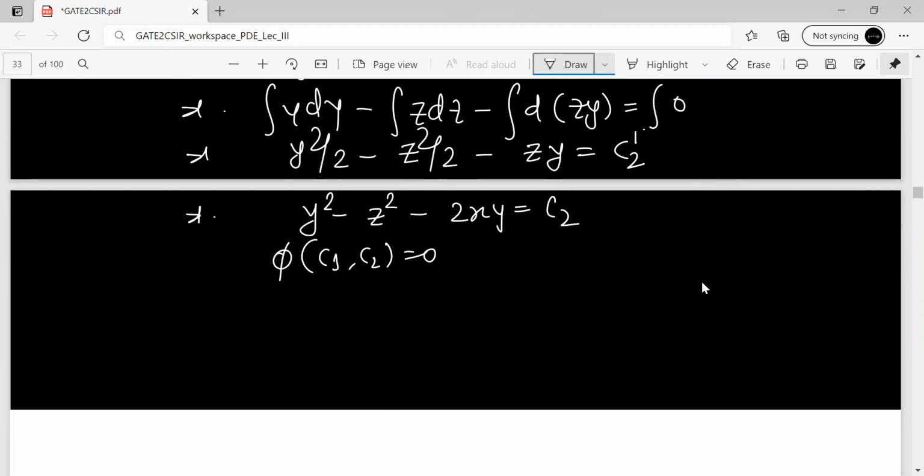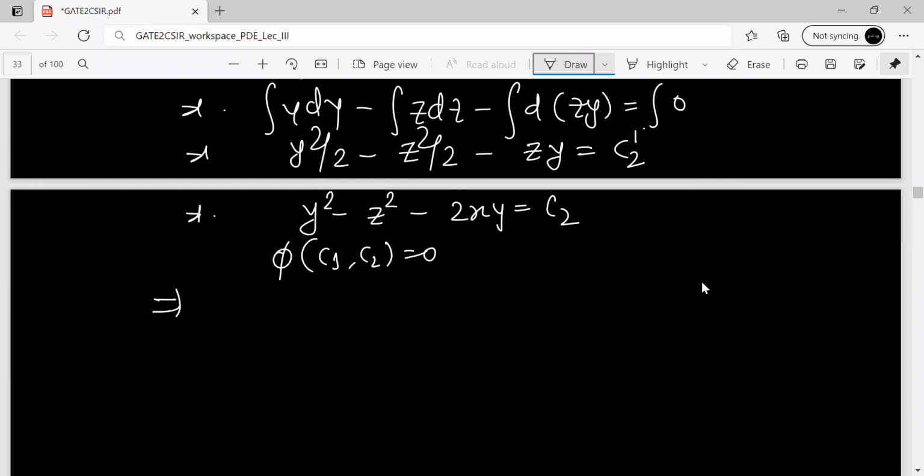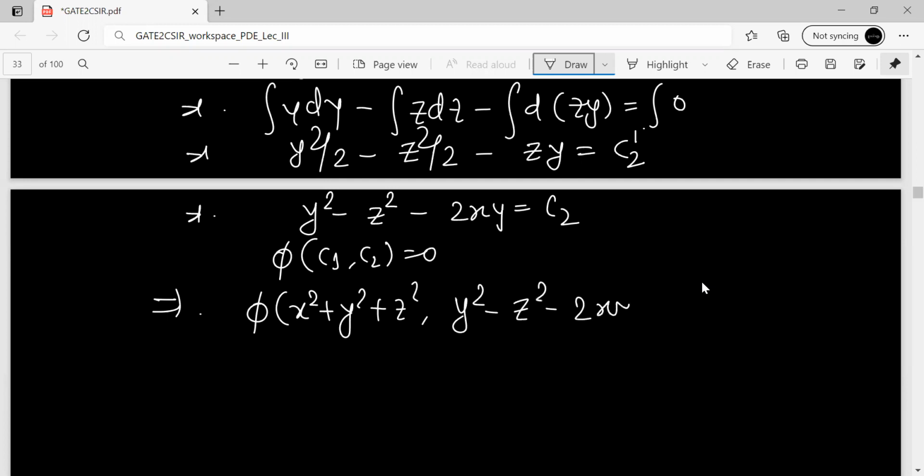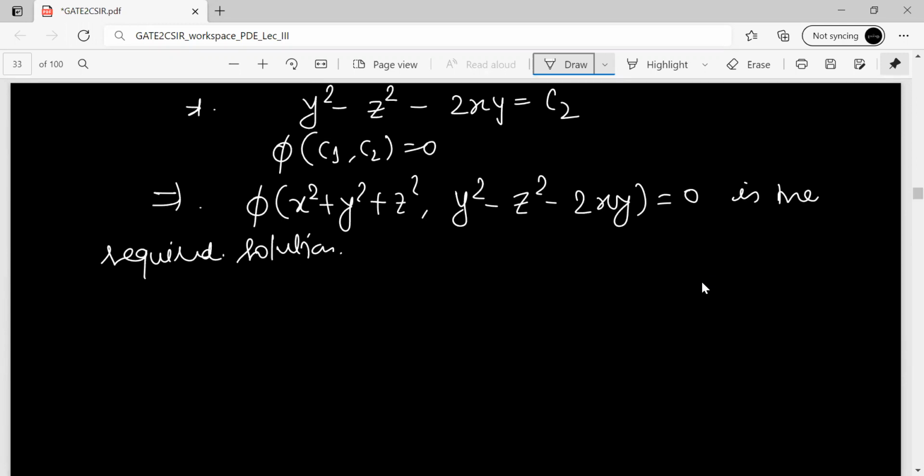So this implies phi of c1 x square plus y square plus z square, comma y square minus z square minus 2xy equal to 0. That's the required solution.